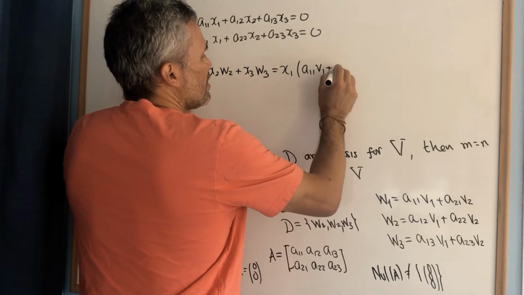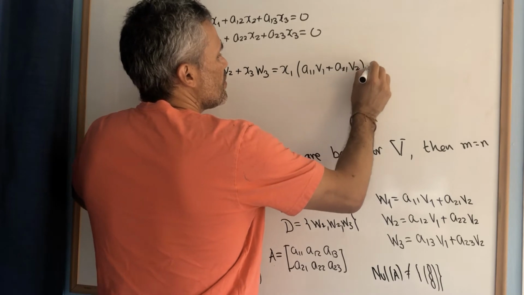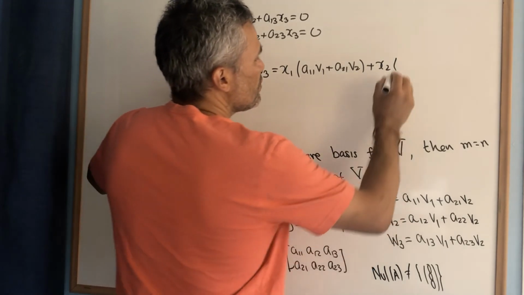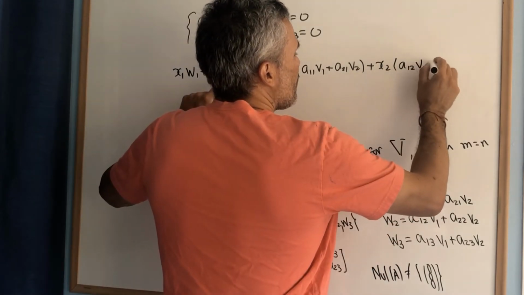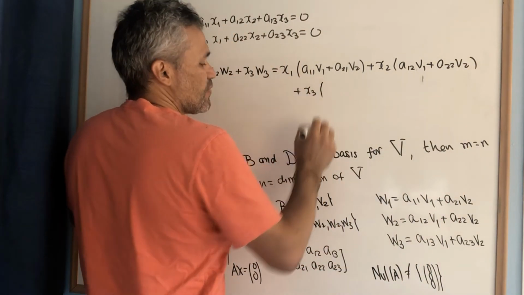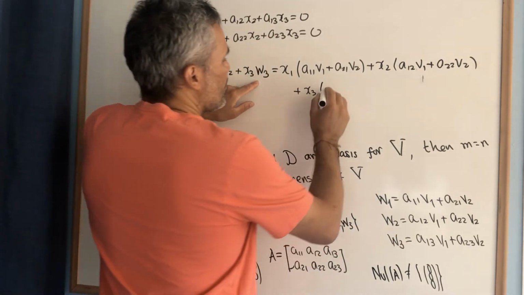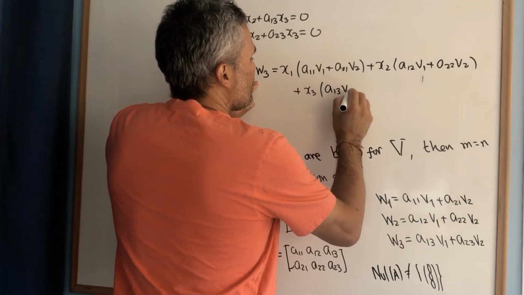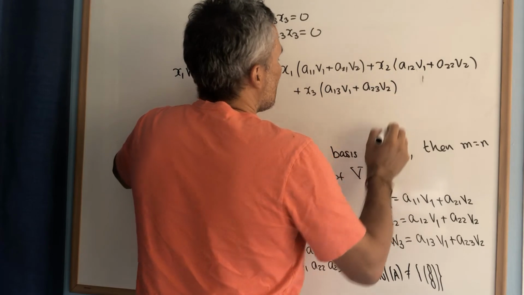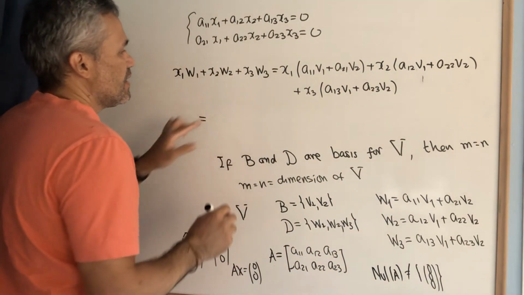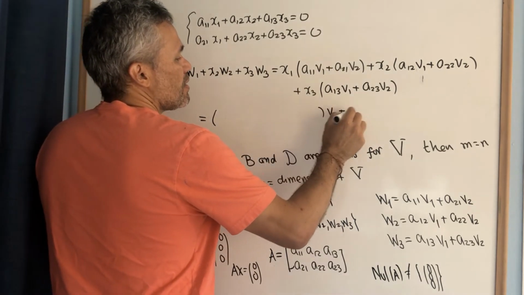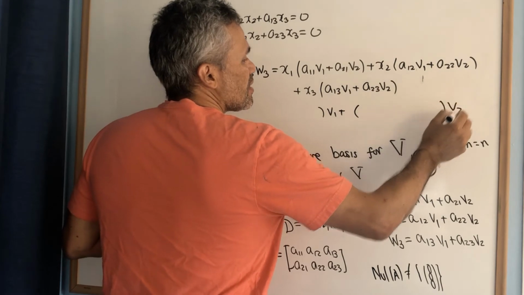a11 v1 plus a21 v2, plus x2 times w2, but w2 is a12 v1 plus a22 v2, plus x3 times w3, but w3 is a13 v1 plus a23 v2. And then let's reorganize this, and let me write it as something times v1 plus something else times v2.